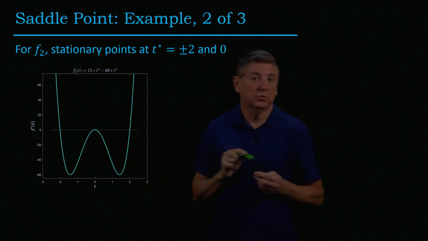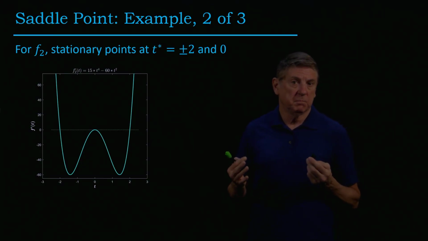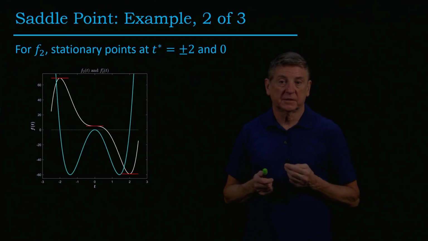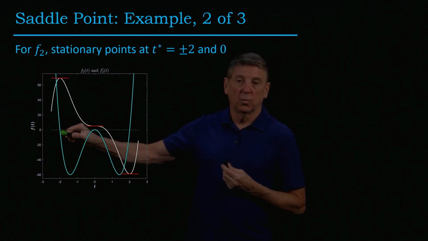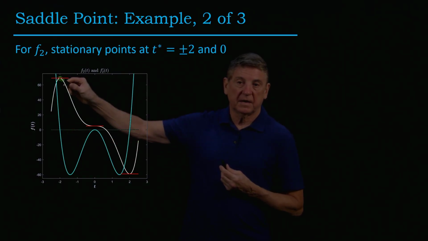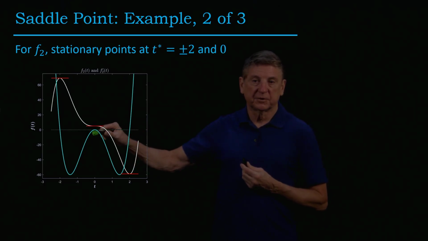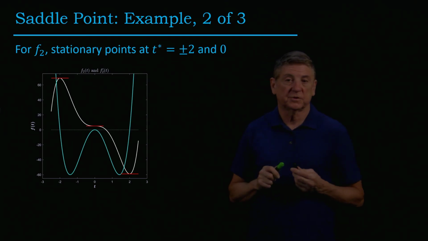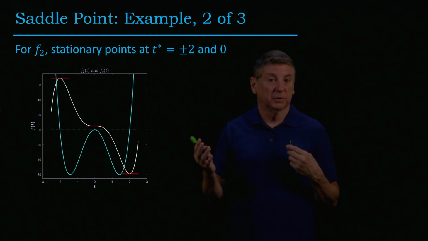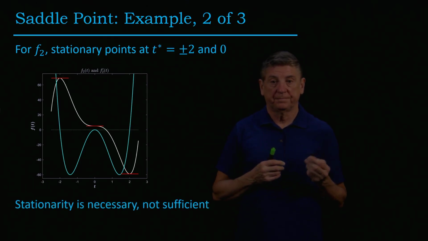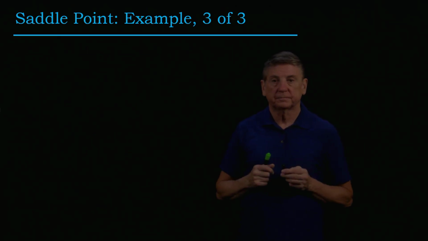That's a curiosity that we won't explore, but which we'll have to keep in mind for subsequent optimizations. And when we superimpose them, we see this is one of the stationary points, a maximum, this is another stationary point, a minimum, and this is the third stationary point, and it corresponds to the function being flat, and a saddle. That is, it's neither a local maximum nor a local minimum. So stationarity is necessary but not sufficient.